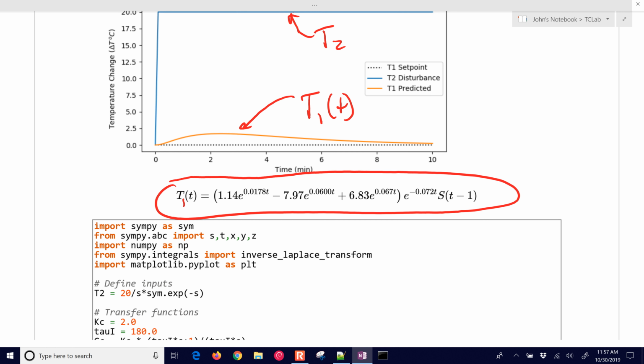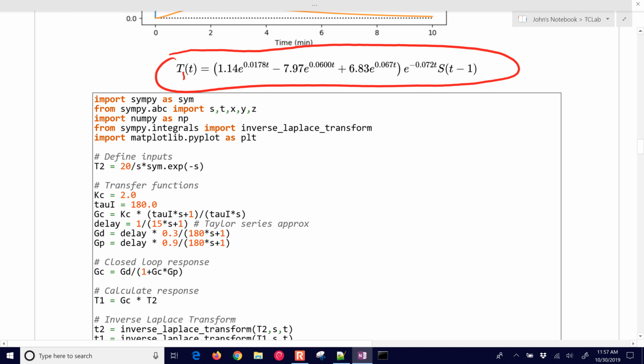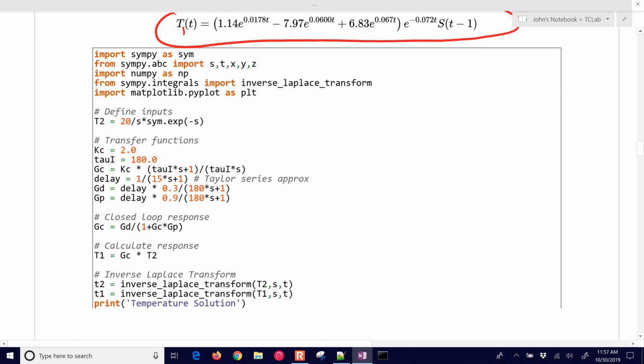So let me just show you how to do that with SymPy in Python. I'm just going to import some symbols here, S and T. I import the inverse Laplace transform from SymPy integrals, and then I set up my transfer function. So I'm going to put in my KC value of 2, my tau I of 180 seconds.